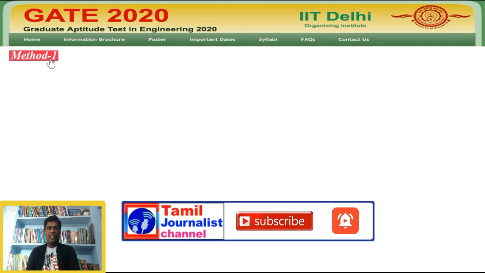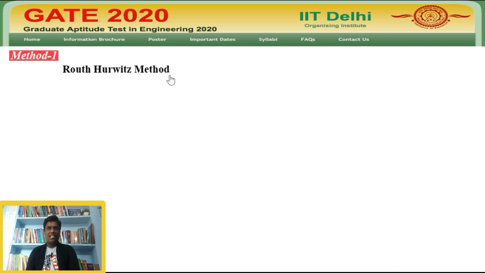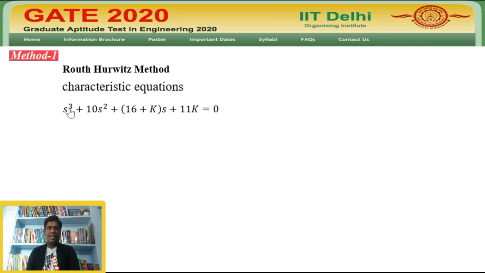First, we will go with method 1, the Routh-Hurwitz concept. Basically, this method requires the characteristic equation, which we already found: s^3 + 10s^2 + (16 + K)s + 11K = 0. Now apply this characteristic equation on the Routh-Hurwitz table.